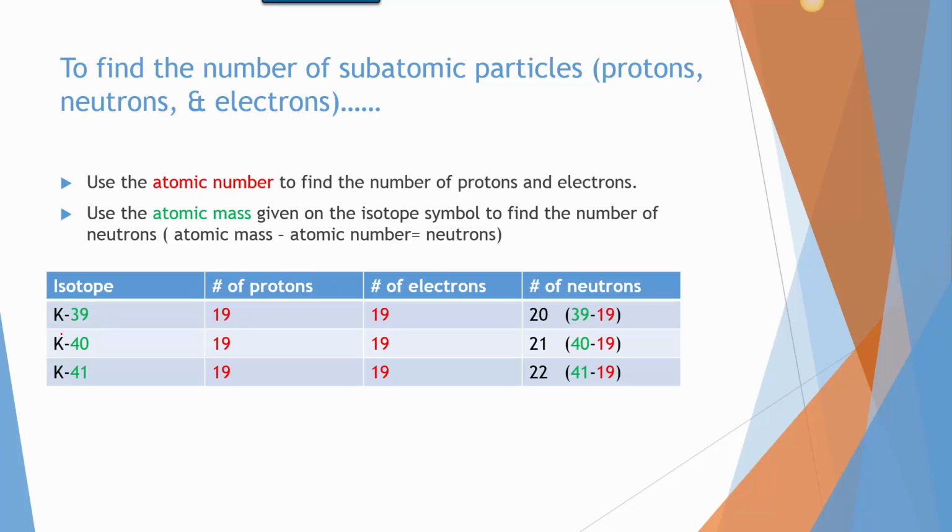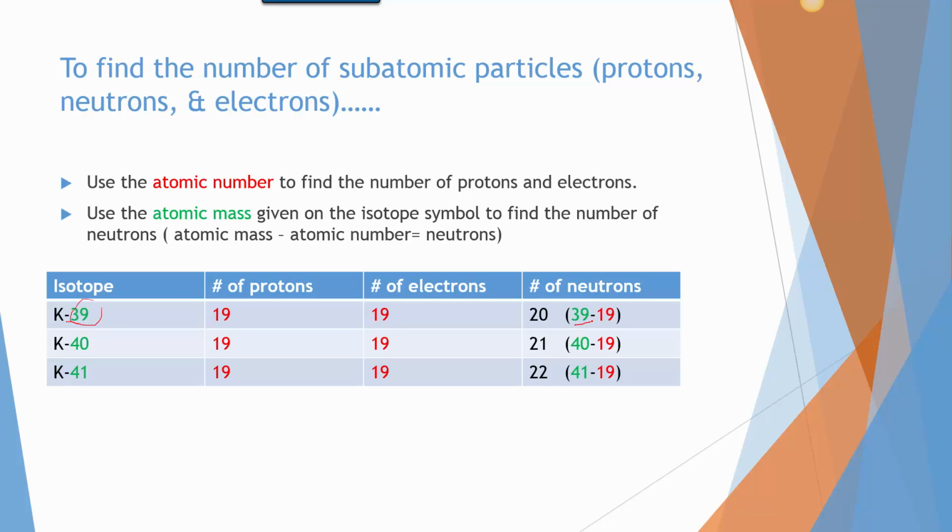So this is potassium, and potassium has atomic number 19, so it has 19 protons, 19 electrons. So it doesn't matter what the isotope is, what the mass of the atom is, it still has 19 protons and 19 electrons. The thing that's going to change is when we take the atomic mass minus the atomic number, we don't use the mass from the periodic table, we use the mass that's given here on the isotope.